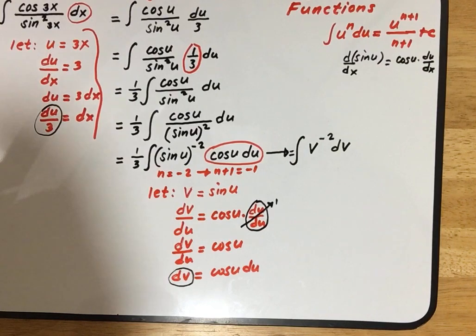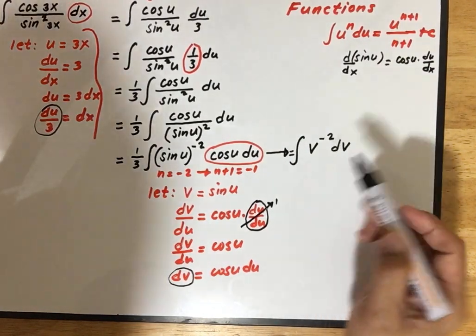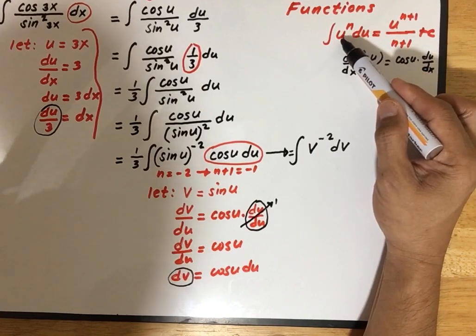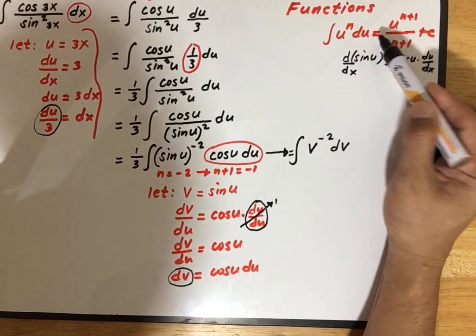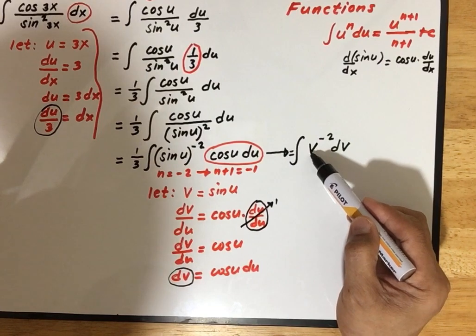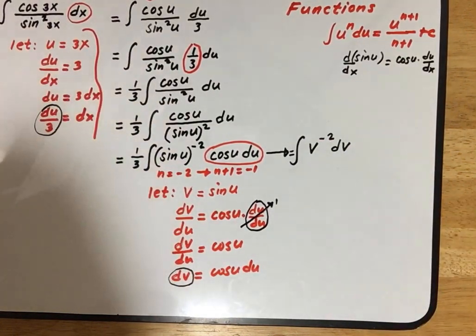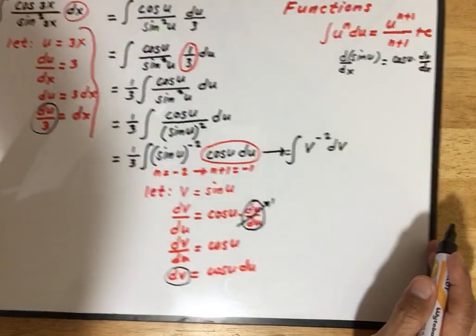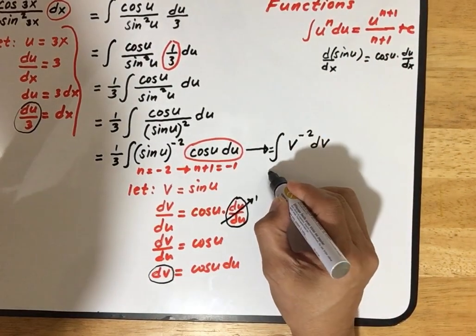As you can see, it looks like u to the n du, but we have v here, v to the n dv. So we can use this formula.